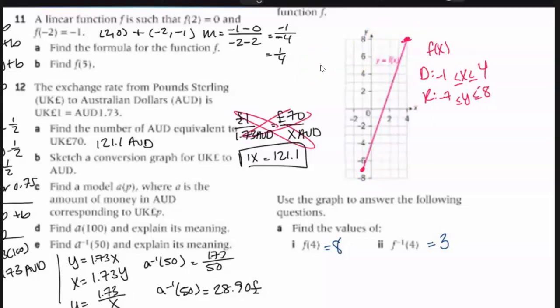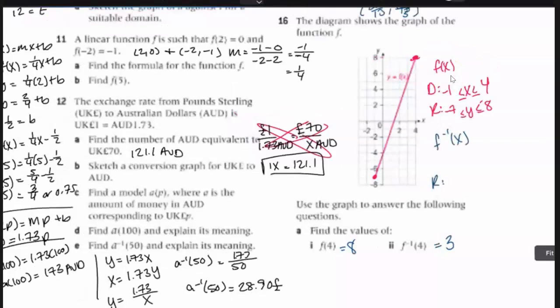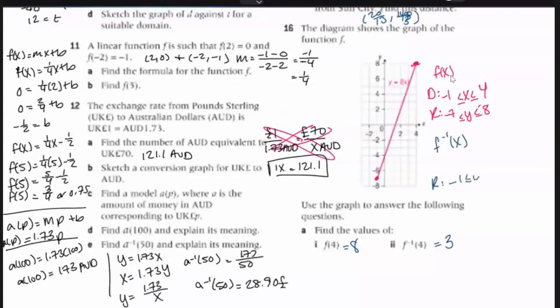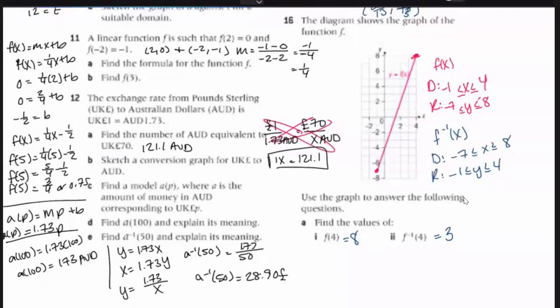For the inverse function, you just switch them. So my domain is now my range. So -1 less than or equal to y, less than or equal to 4. And my range now becomes the domain of my inverse function. -7 less than or equal to x, less than or equal to 8. So because your input and output switches, your domain and range switches for inverse.